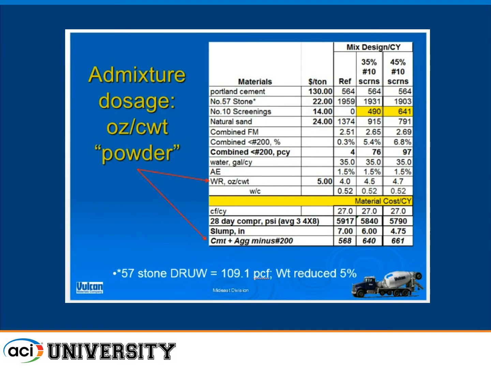In this particular case, if I want to keep the water reducer, WR, at 4 ounces per hundredweight relative to the cement content, and there is an increase in the powder content relative to the Portland cement, I'm going to have to up the ounces per hundredweight to account for the extra powder. Likewise, if the concrete is air entrained, you have to account for that in your air entrainment dosage as well.